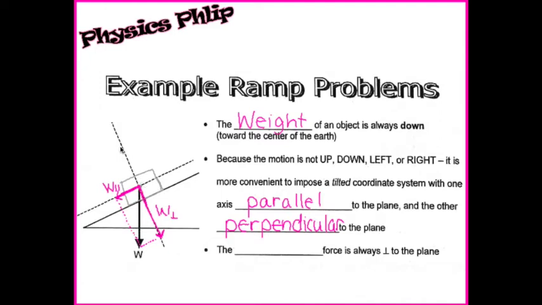Normal force is equal to the length of weight perpendicular, the perpendicular component of weight. And then there might be more forces to add to that. There could be friction, somebody could be pushing on it, there could be a string tied to it. There are other kinds of forces we could have, but that's kind of the basics. So the normal force is always perpendicular to the plane.